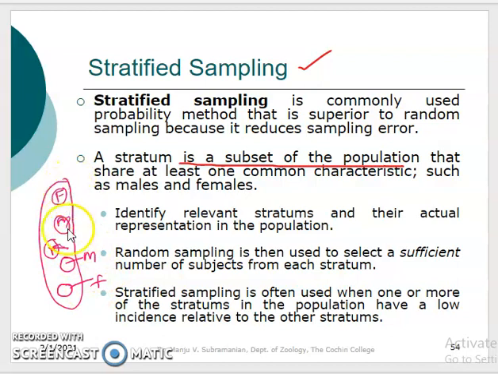So based upon the sex, the subsets are divided into certain strata or different groups or different subsets. From these subsets we will be choosing the representatives randomly. So that is called stratified sampling. Hope that is clear for you.